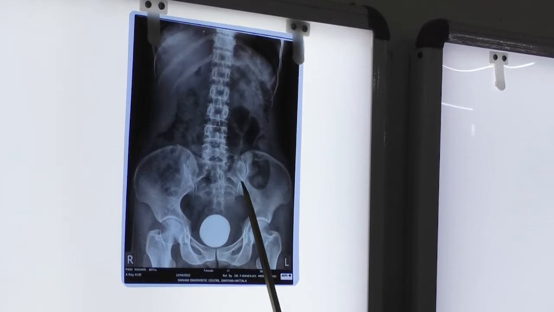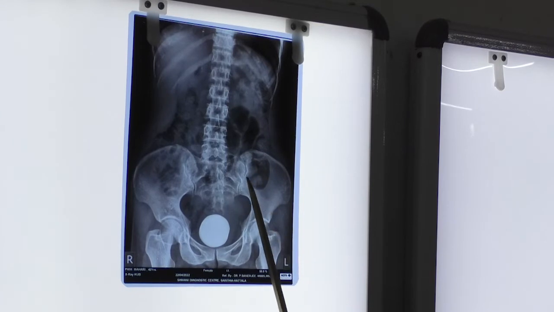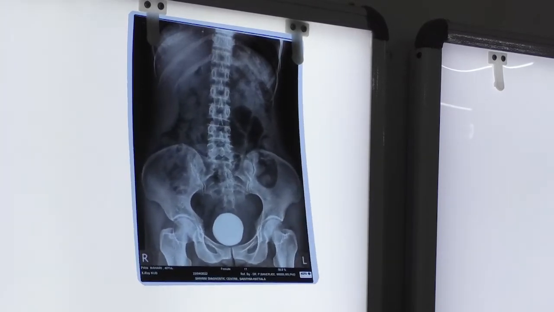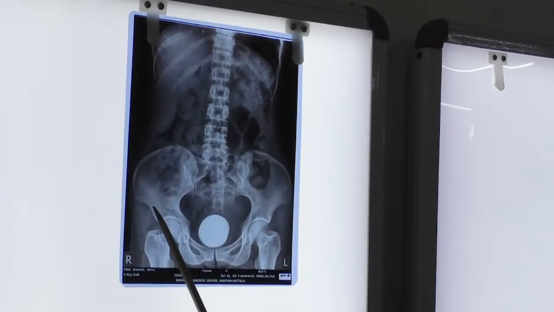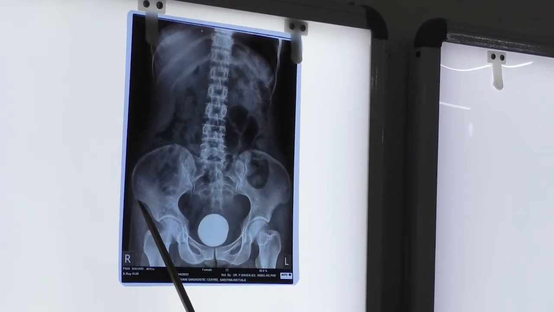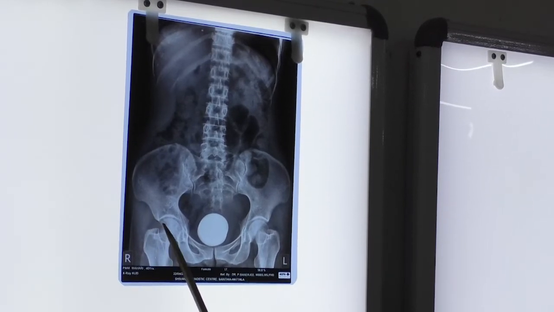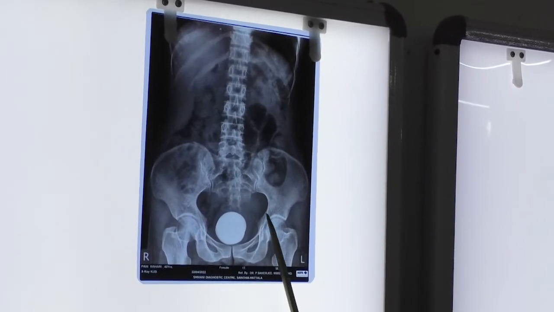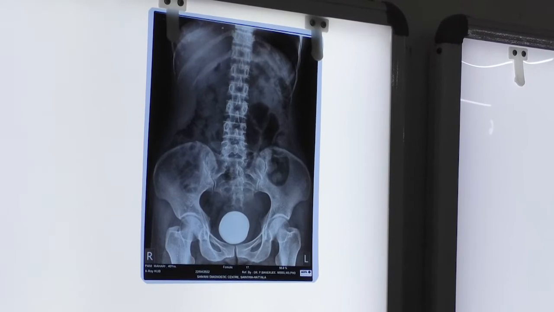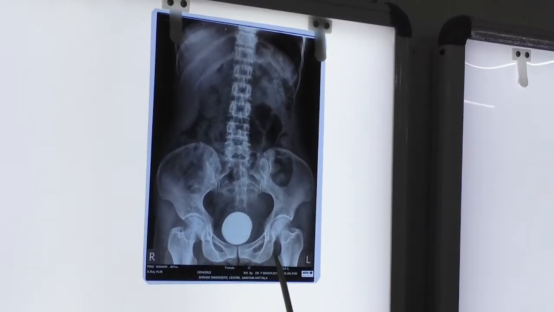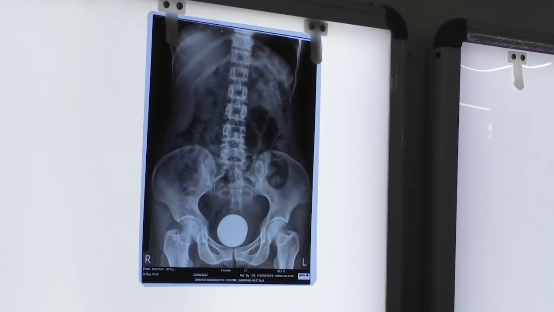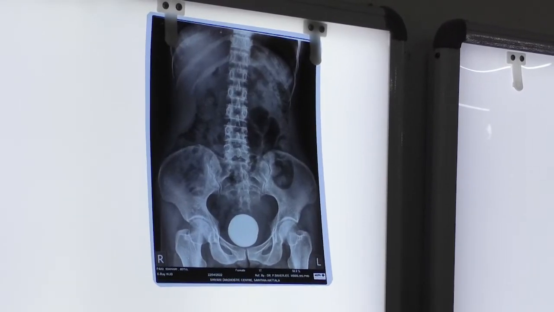The periphery is the cortical bone, and in between, the black shadow is the joint space. And here we can also see the anterior superior attachment and the acetabular margin. Acetabulum, where the head of the femur fits. What is the meaning of the acetabulum? It's a cup.